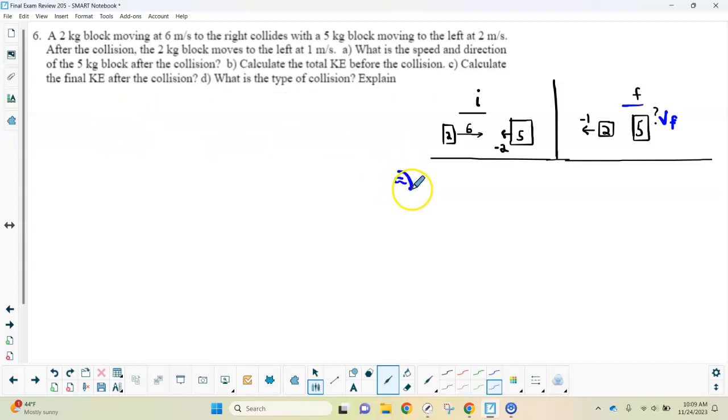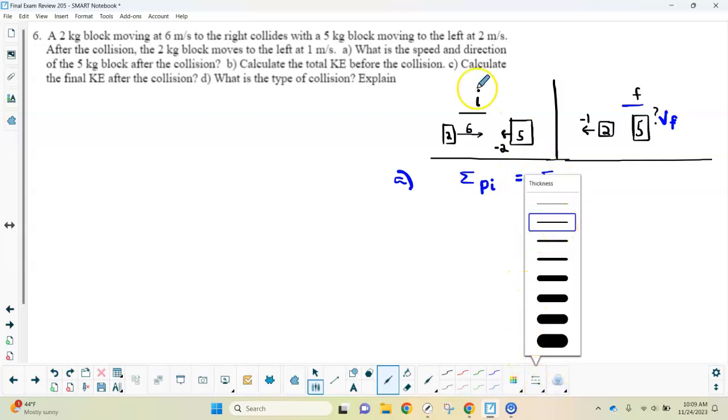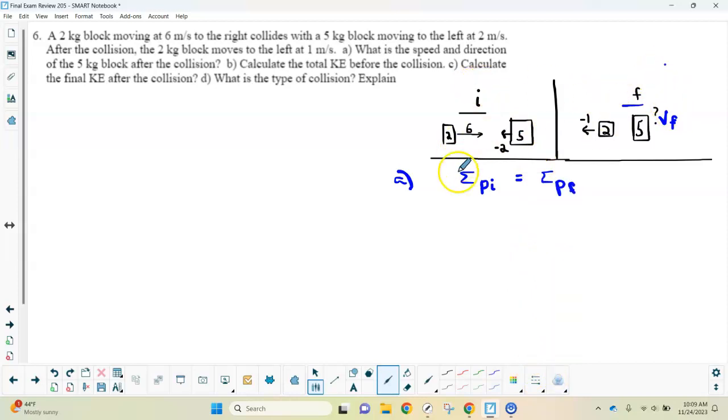So for part A, I'm just using conservation of momentum, so the total momentum initial should equal the total momentum final. That's that part. And then for each piece that has momentum you're going to solve. So for the first one, it'd be 2 times +6.